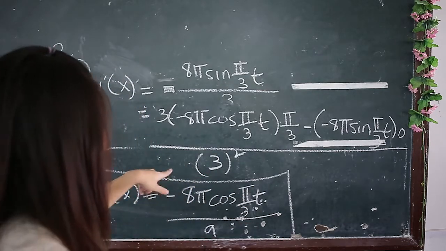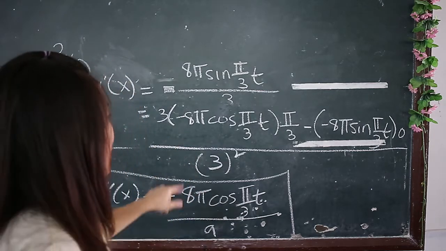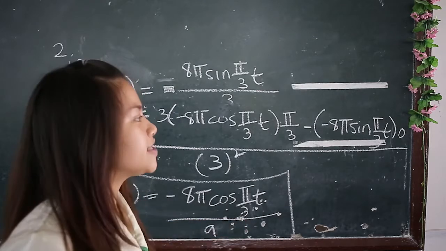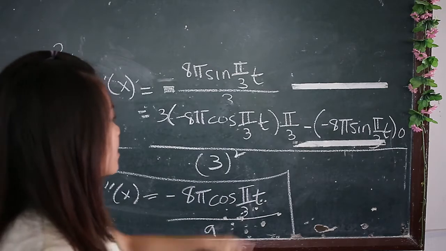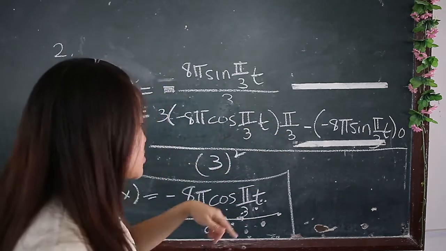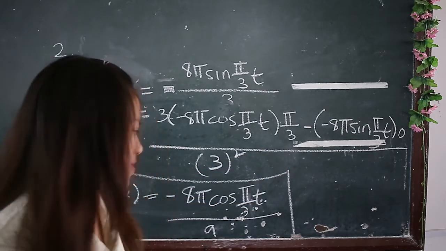So the remaining would be negative 8 pi cosine pi thirds t. Since this one is multiplied by 0, and since this one and this one, pi thirds times 3, it's going to be just pi.